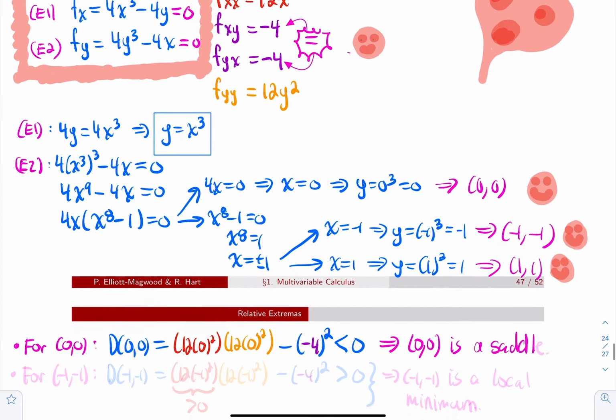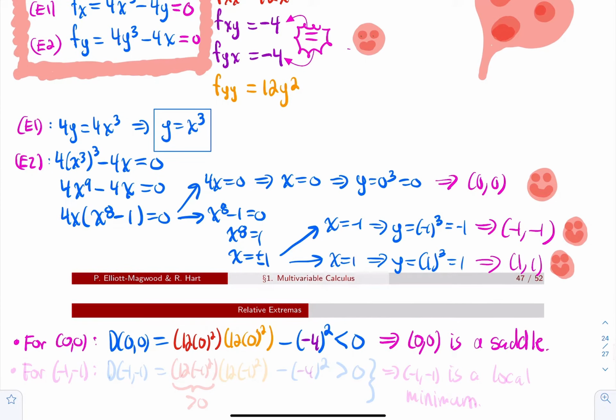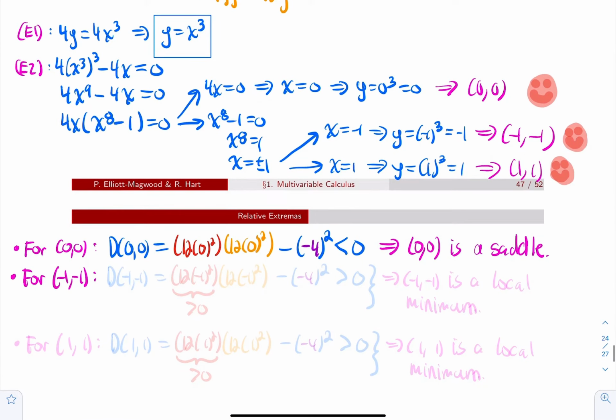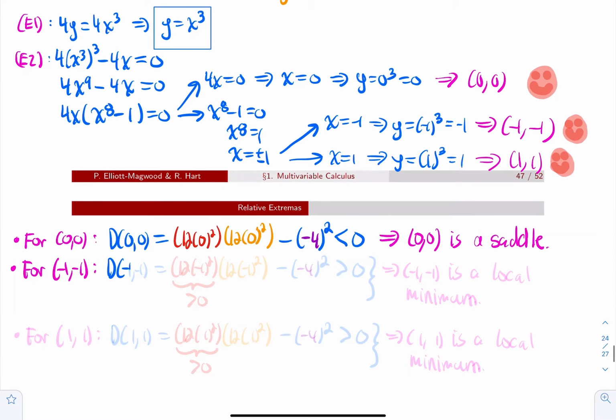Yay, you can write the function at the origin. Okay, so now just rinse and repeat here. So for, let's say, (-1, -1), if you compute D at (-1, -1), you're going to get 12 times (-1) squared times 12 times (-1) squared minus 4 squared. And that number is actually positive. If you compute it, you get 144 minus 16.